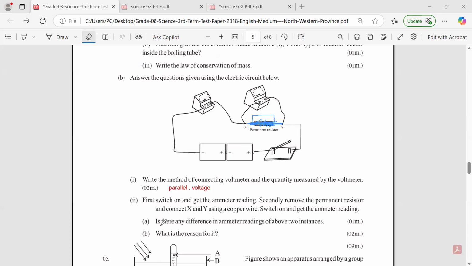Now they are asking: is there any difference between the ammeter readings in the two instances, with the resistor and with the copper wire? What do you think? Will there be any changes?